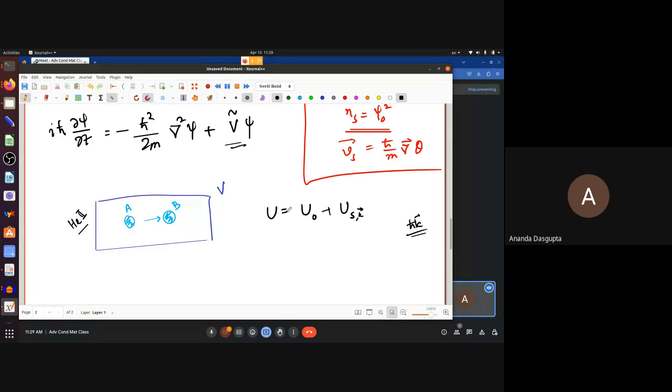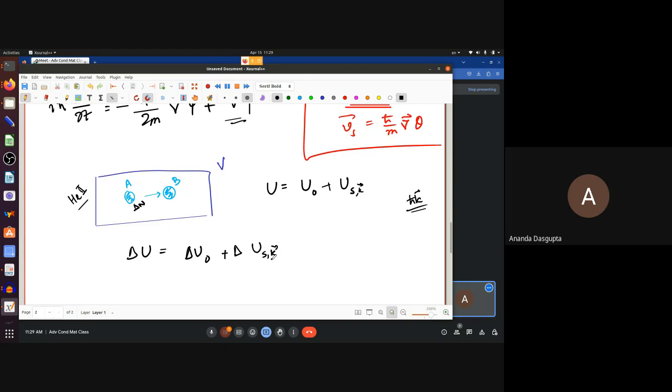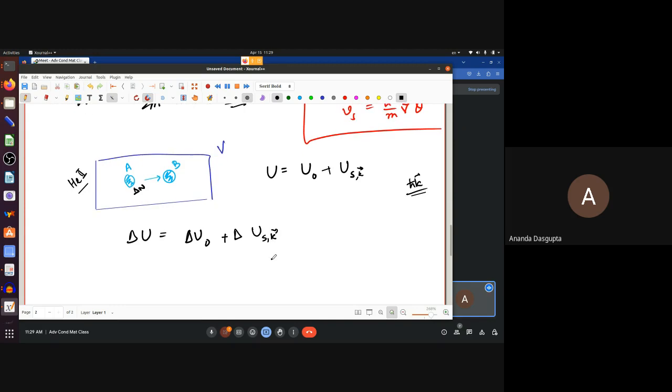But now that actually means the change in the total energy will be the change in U0 when, say, let's call that delta N superfluid atoms move from here to here. And this has to be 0.